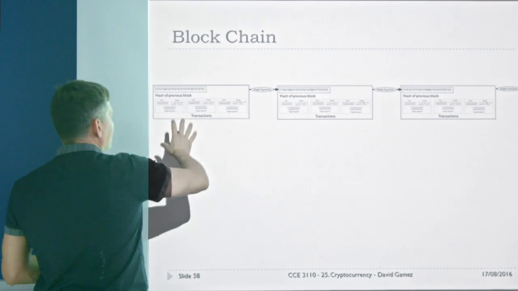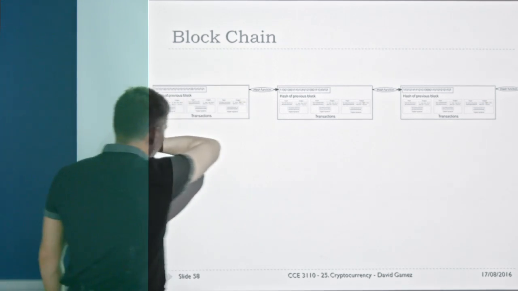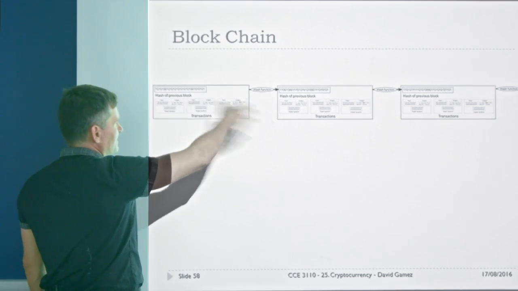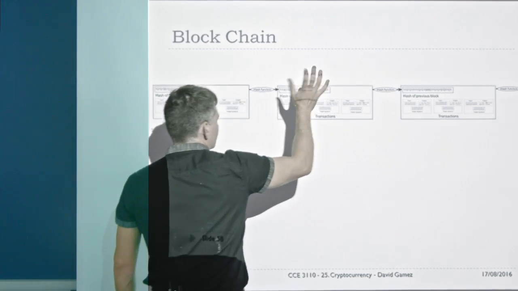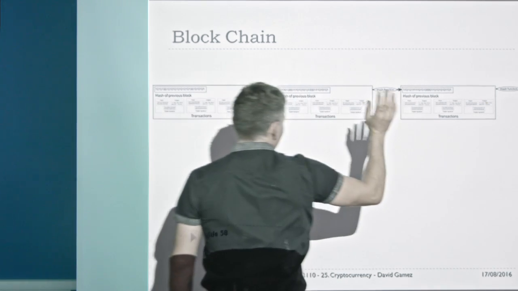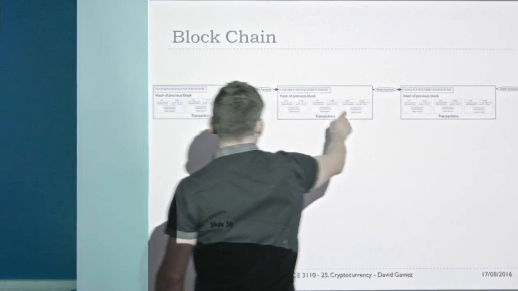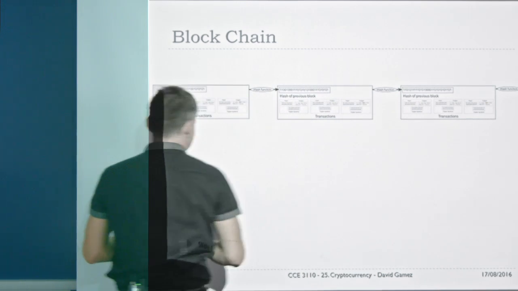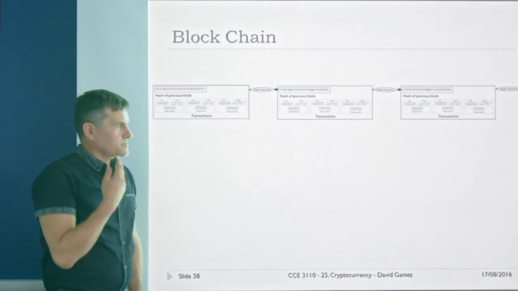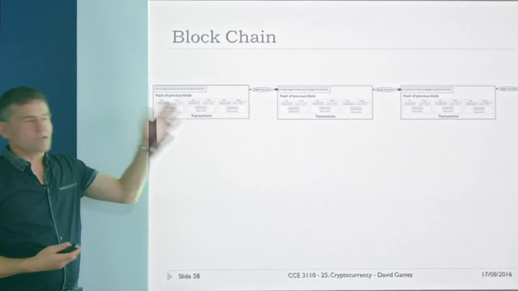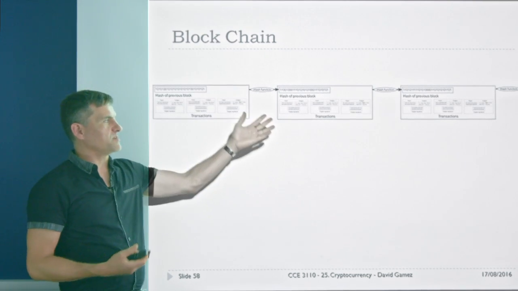Hashes are dead easy, they're computationally light to execute, so you can very easily check that the hash of this equals that, the hash of this equals that, and therefore you can check that this transaction came after this transaction, which came after this transaction. So that's how the transactions are ordered in time, through this blockchain.